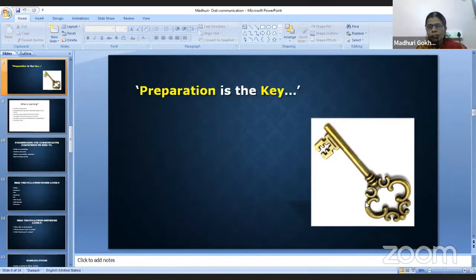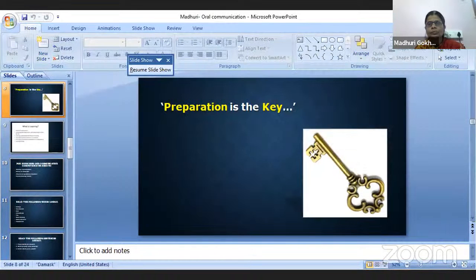Are you able to see the screen? Yes, ma'am. The problem is it doesn't move ahead. I don't know why. Okay. I think I'll still go ahead without the screen now because there is a technical problem.